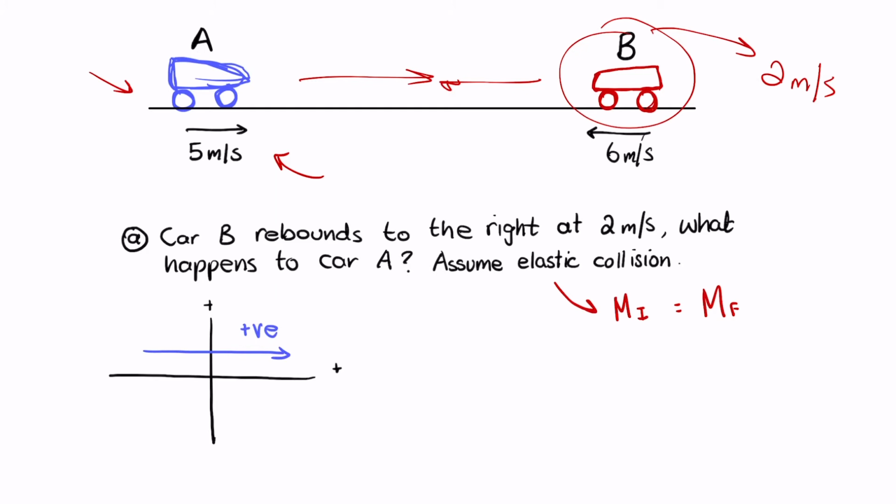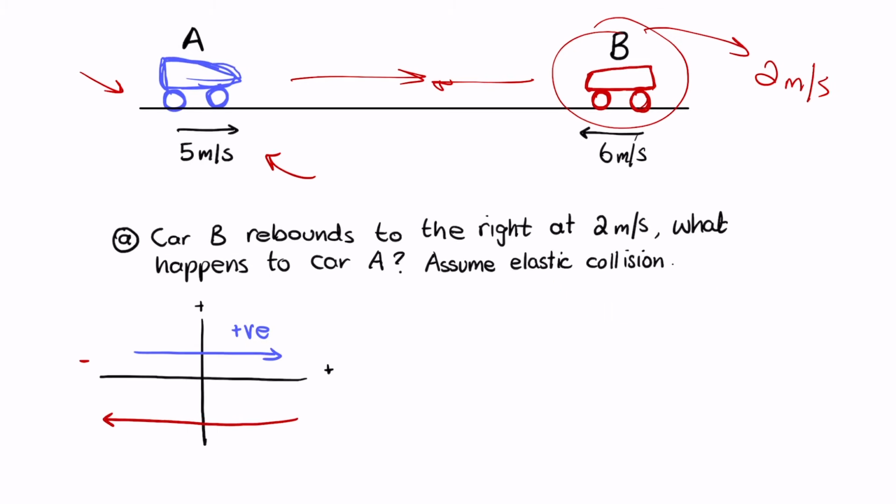And again, this is only because momentum is a vector quantity, meaning it has a direction. Now, this is different to B. B is traveling towards the left, meaning it's going in the negative direction here. So when we refer to B, we have to use a negative momentum, and when we refer to A, we have to use a positive momentum.